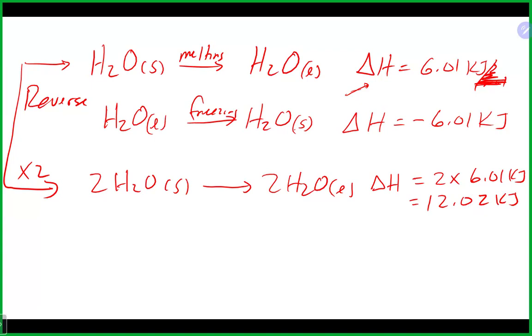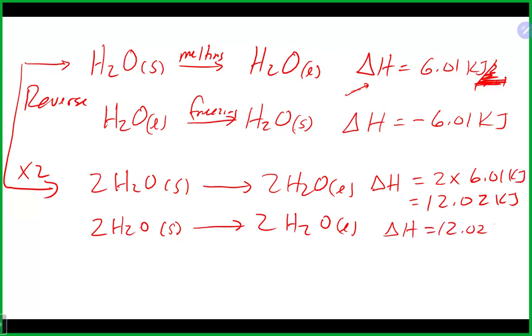Now, another very common thing that you do with these equations sometimes is maybe you are starting with this reaction here, and you're like, well, I don't need 2, I just need 1 of those water molecules, right? So in this case, we may divide everybody by a common number.